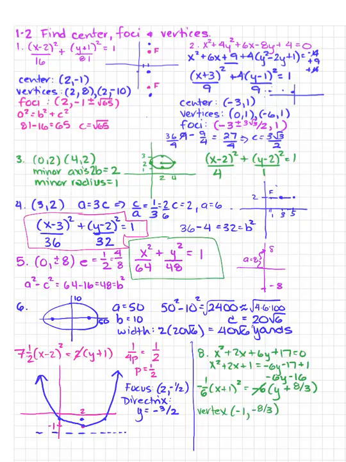And so my vertex will be at -1, -8/3. And my focus, because we're now going to have to set 1/4p equals your -1/6, so p will be 6/4, and okay, that's lovely, p is going to equal 3/2.